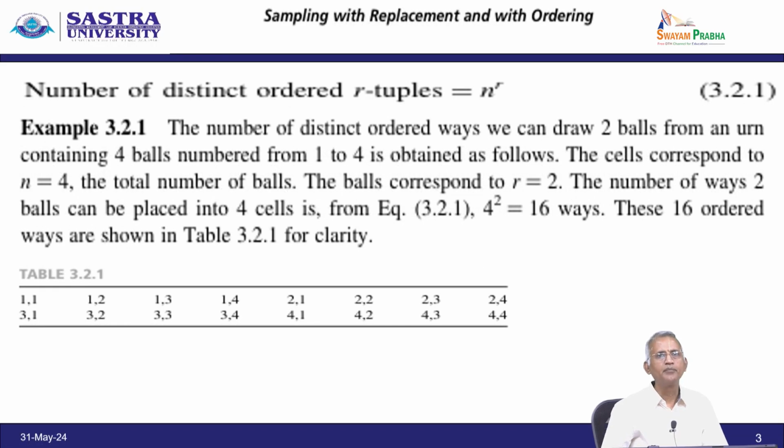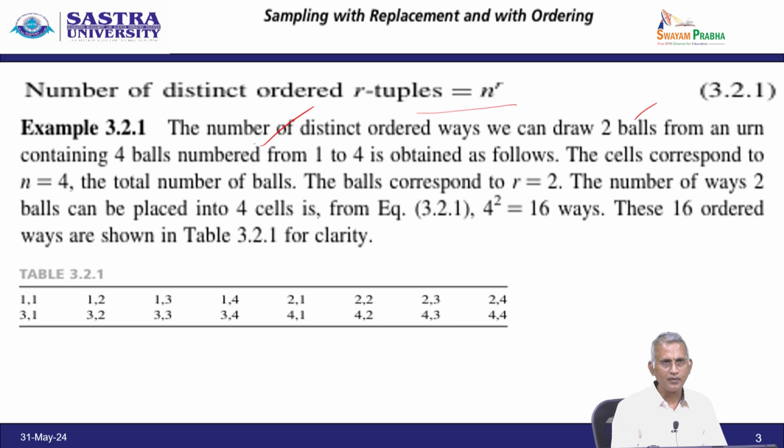Now, sampling with replacement and with ordering. The number of distinct ordered r-tuples is n power r. Suppose they are distinct, then applying the ordered rule we have n power r. For example, the number of distinct ordered ways we can draw 2 balls from an urn containing 4 balls numbered from 1 to 4 is obtained as follows.